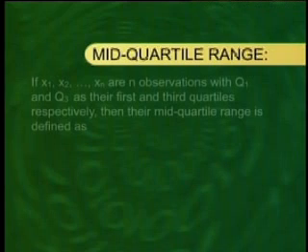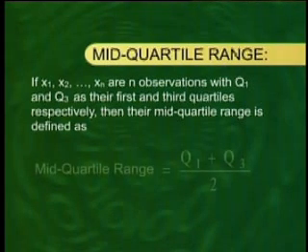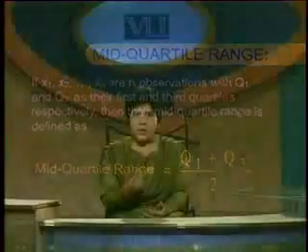The other one that I want to discuss is the mid-quartile range. If we have n observations, x1, x2, so on up to xn, and if q1 and q3 represent their first and third quartiles respectively, then the mid-quartile range is defined as q1 plus q3 over 2. बिल्कुल पहले की तरह, exactly the same logic.